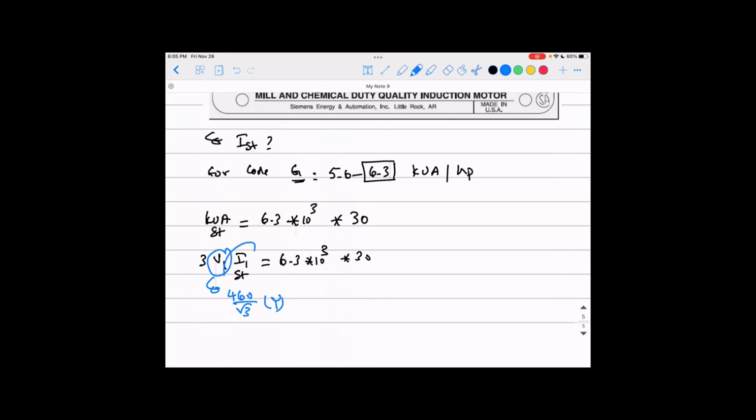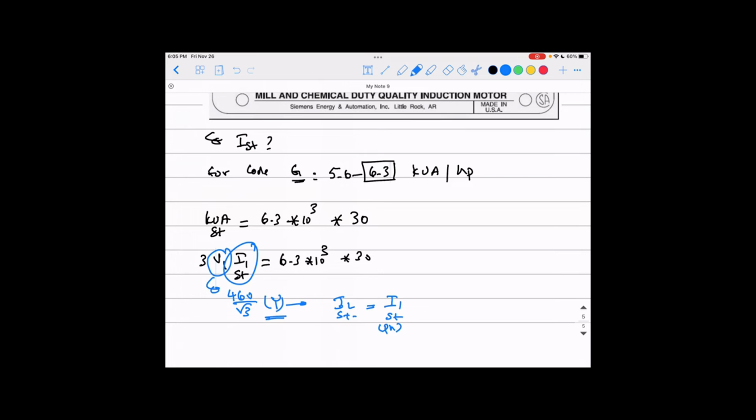So everything here is known. Now you can find I1 easily. As we've seen, the motor is Y connected, so the line current equals directly the phase current. Because it is a Y connection, the line current at starting equals directly I1 at starting, the phase quantity.